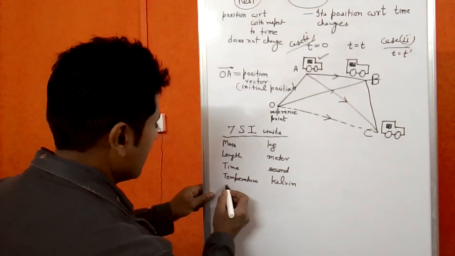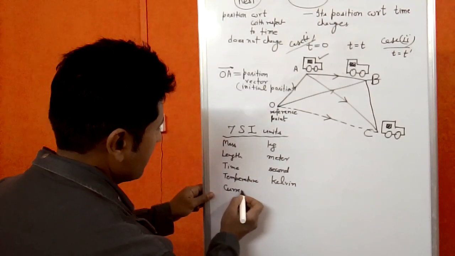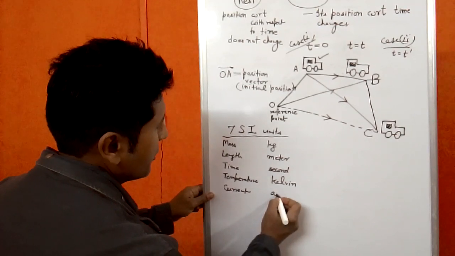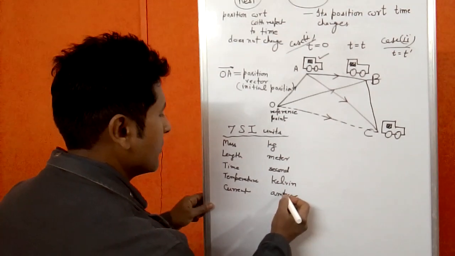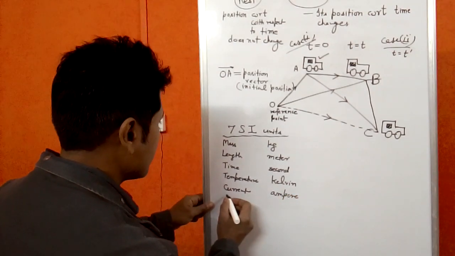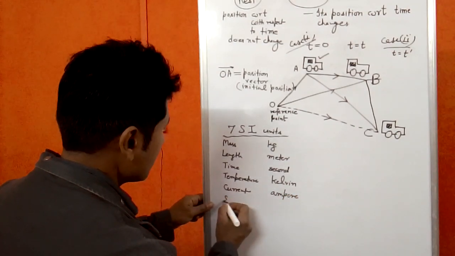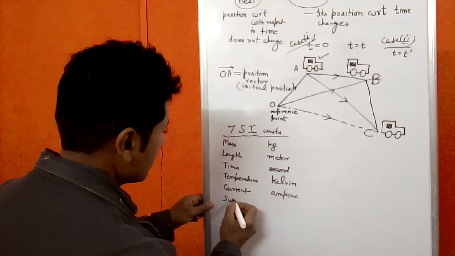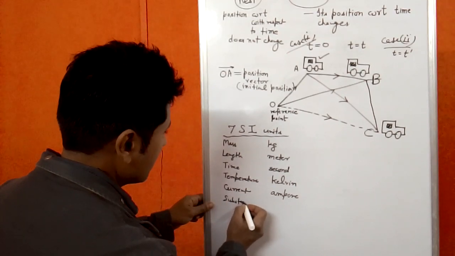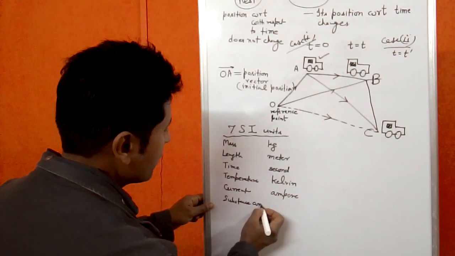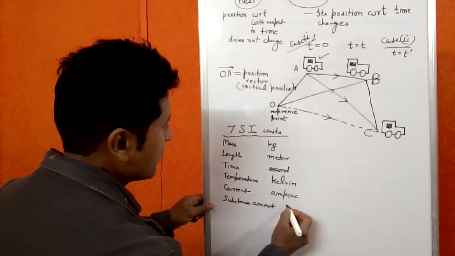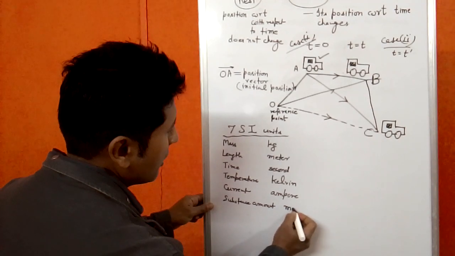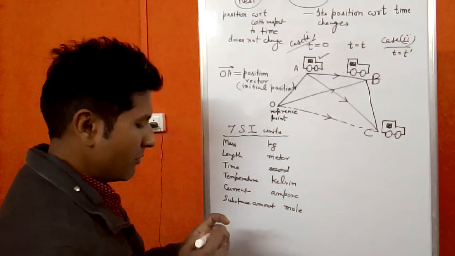Then current, it is measured in ampere. Then substance amount, it is measured in mole, right?